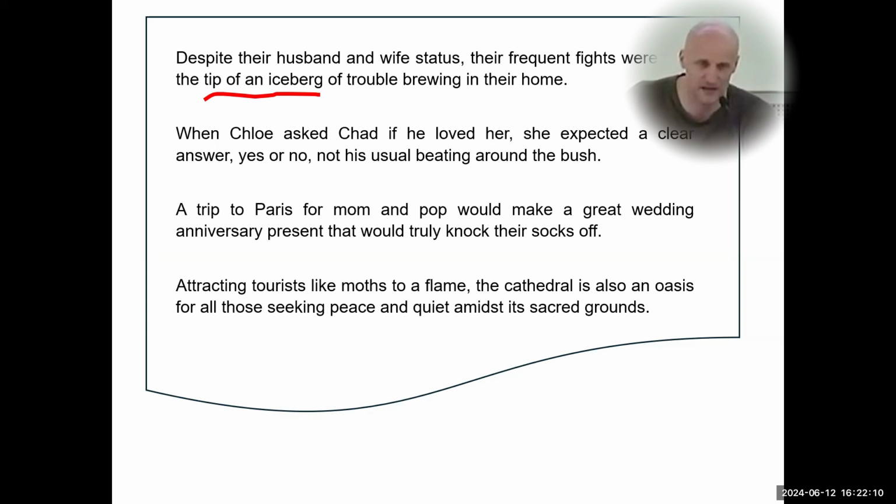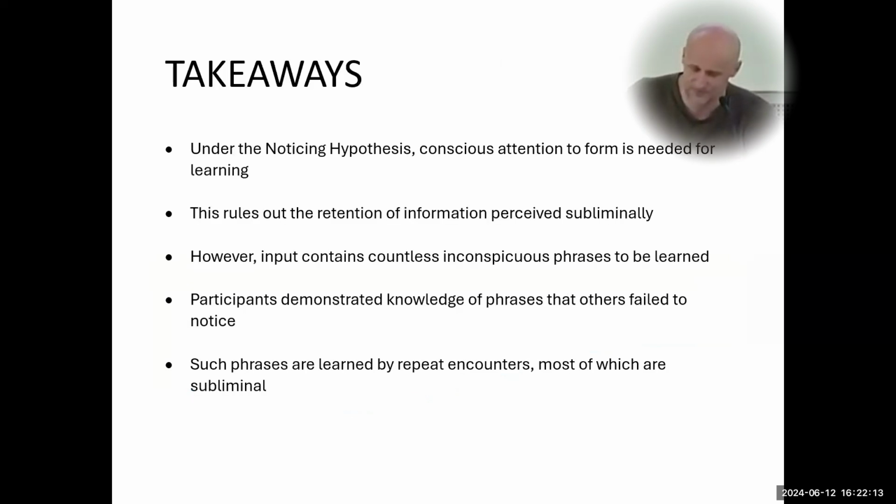They escape our attention. So the takeaways, the conclusions that all these data lead to are as follows. Well, on the one hand, under the noticing hypothesis, conscious attention to form is needed for learning. I mean, it's required. According to Schmidt, without conscious attention to form, okay, you can't learn these things. But this rules out the retention of information perceived subliminally, okay?